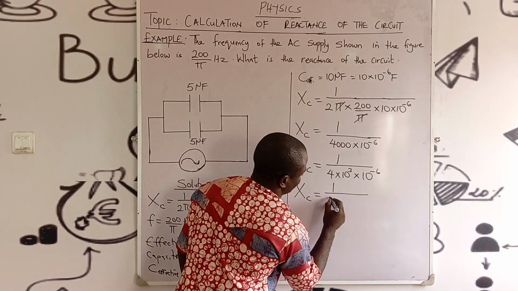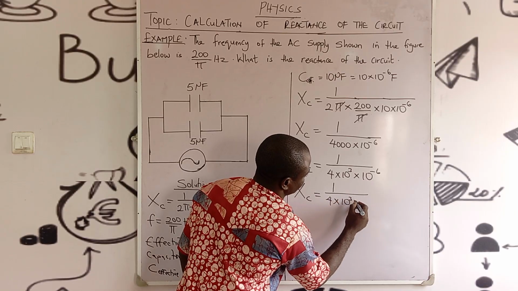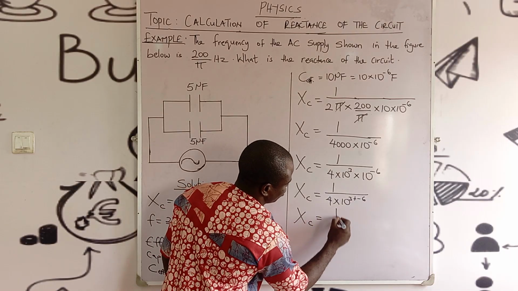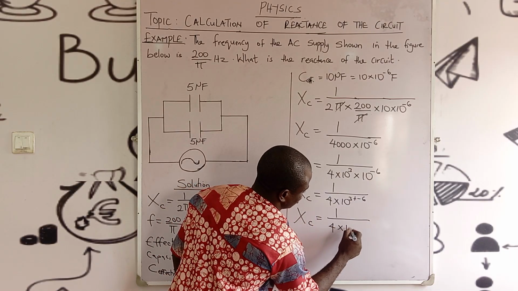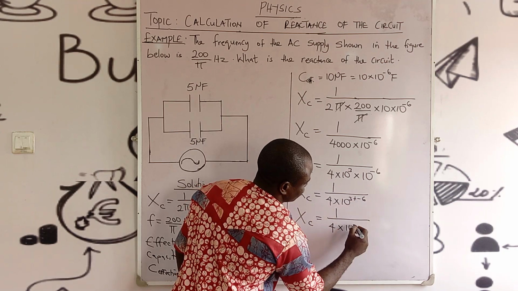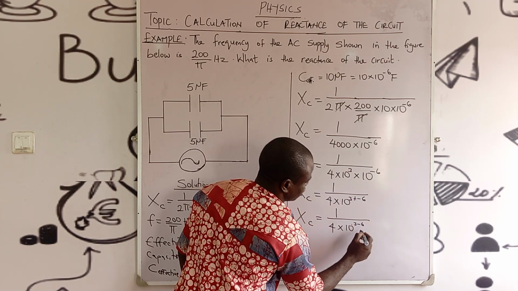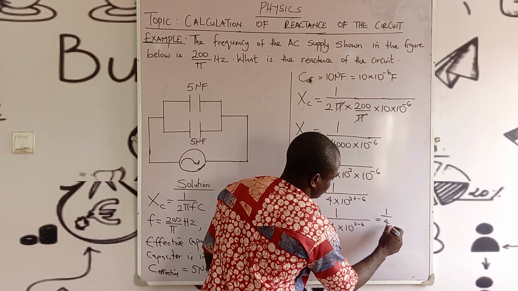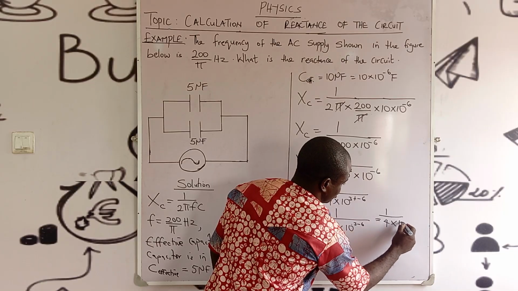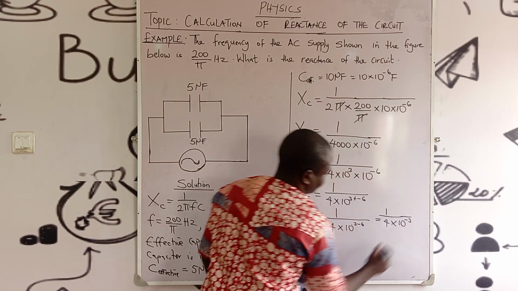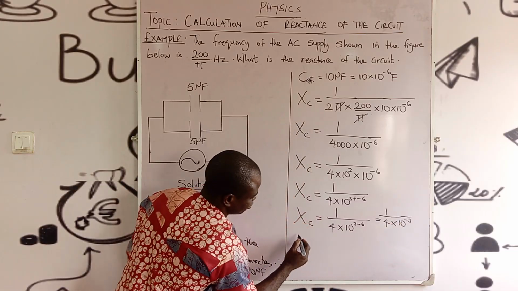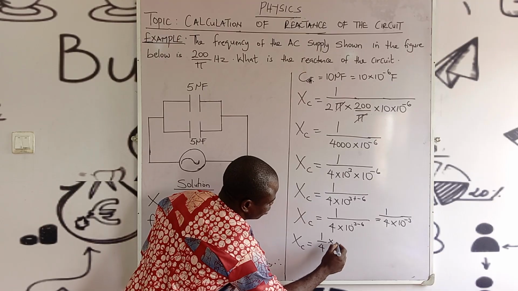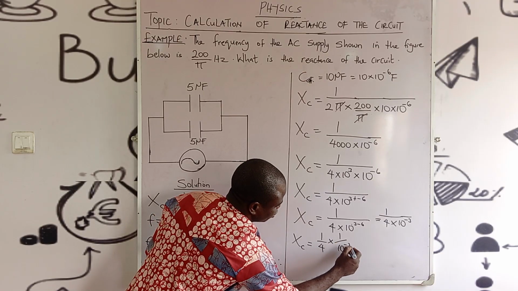Now 1 over 4 times 10 raised to the power 3 plus minus 6. Capacitive reactance equals 1 over 4 times 10 raised to the power, positive as positive and negative as negative, that's 3 minus 6, which equals 1 over 4 times 10 raised to the power minus 3. Now let's separate them. XC equals 1 over 4 times 1 over 10 raised to the power minus 3.